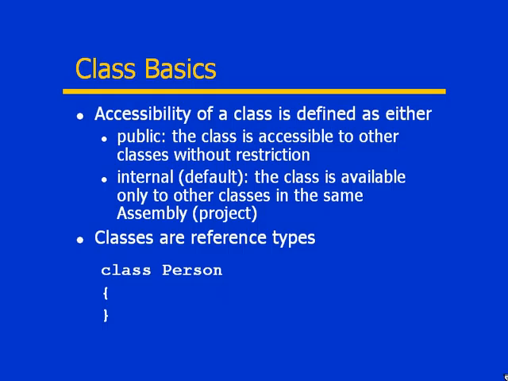In the example at the bottom of the slide, we see a basic representation of an internal class called person. In the open and closed curly braces, that's where we would actually put the members of the class and the definition of the class behaviors. But technically, something as simple as this, the class person with the open and closed curly braces, qualifies as a class type, and this would actually compile.